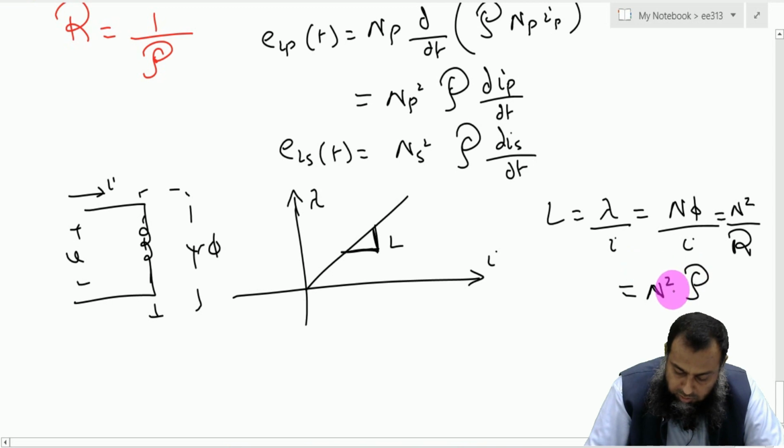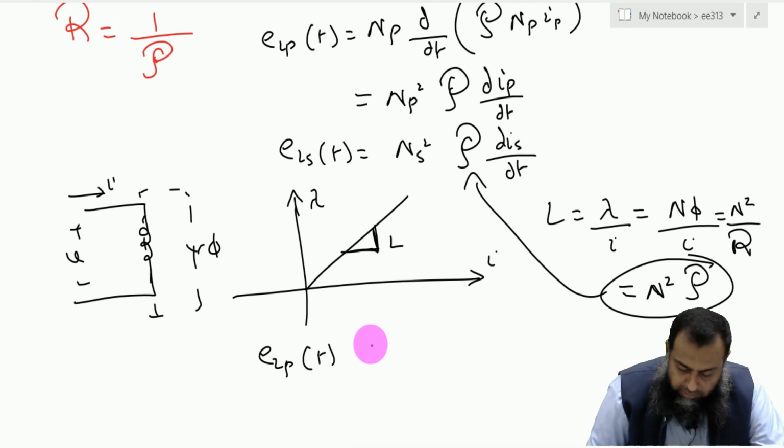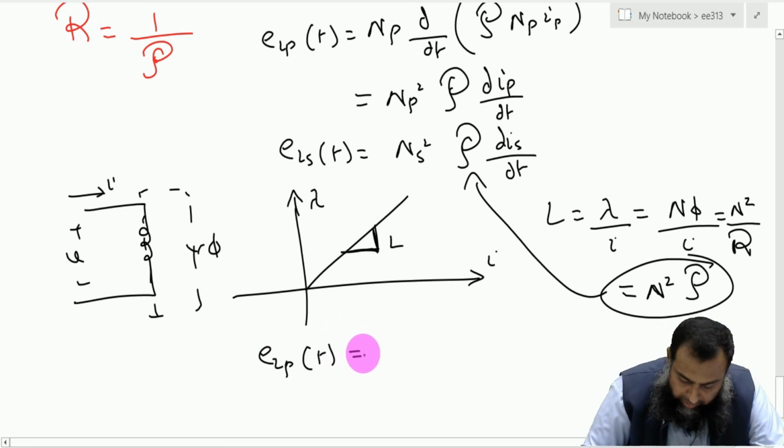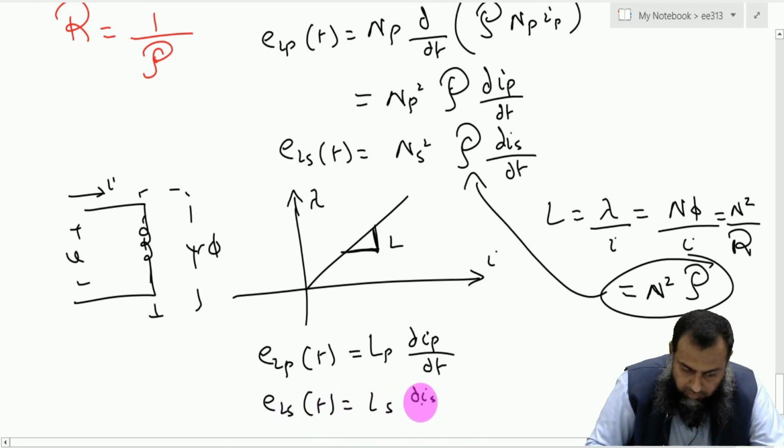So this concept can be retrofitted here, and therefore this ELP, which is the leakage flux in the primary winding, is equal to LP dIP over dt, and similarly ELS is equal to LS dIS over dt.